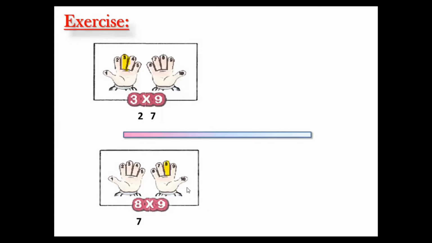And then we count fingers after the eighth finger. We have here 1, 2. So we will write number 2 in the ones digit in the product to get the product of 8 by 9, which is equal 72. Let's take another example.